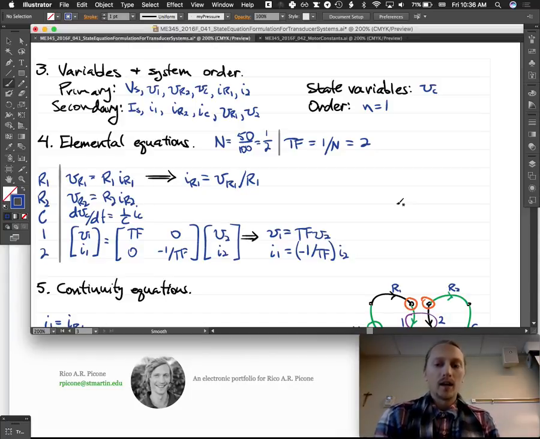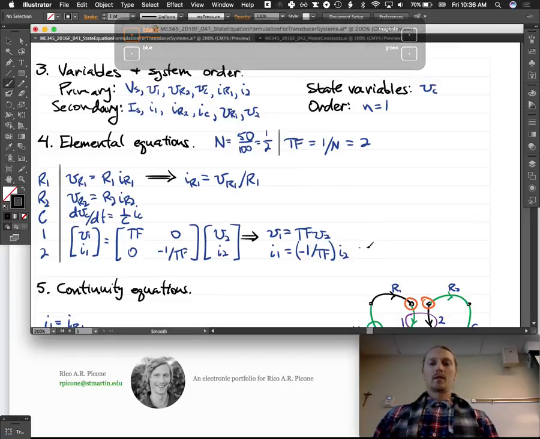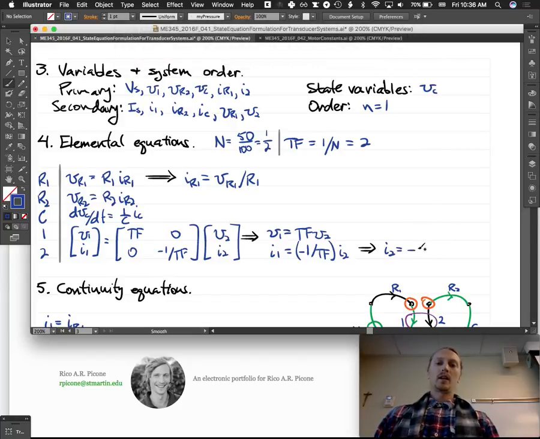So we have two equations. Now we need to make sure that the primary variable is on the left-hand side. V1 is a primary variable. I1 is not. So we need to solve for I2, which is a primary variable. So that gives us I2 equals negative TF times I1.